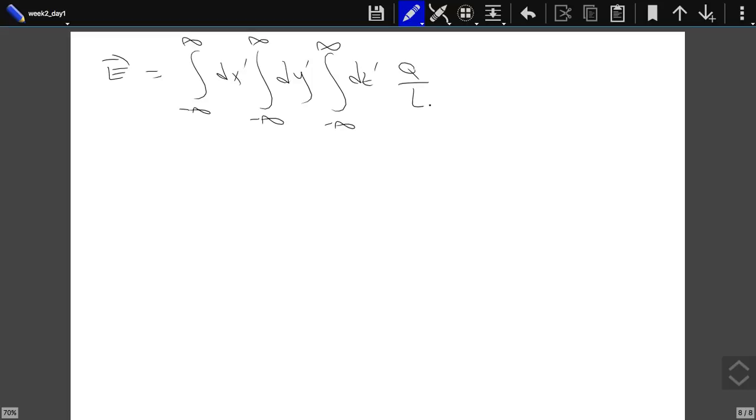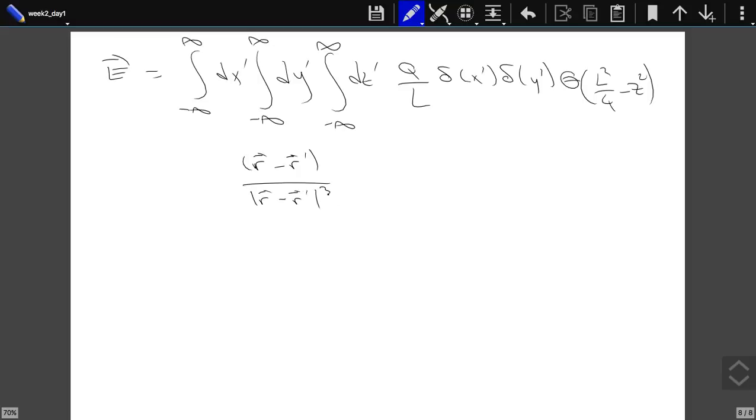Charge density is Q over L, Dirac delta of x prime, Dirac delta of y prime, no, not Dirac delta, theta of L squared over 4 minus z squared, times r minus r prime divided by the magnitude of r minus r prime cubed. As I said, the rest is algebra.